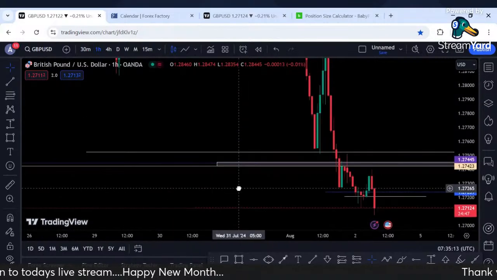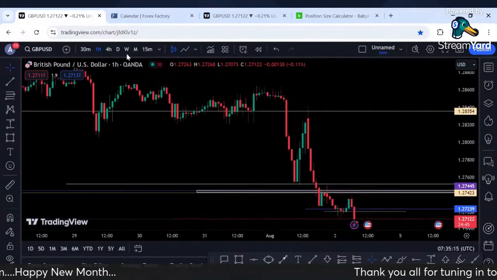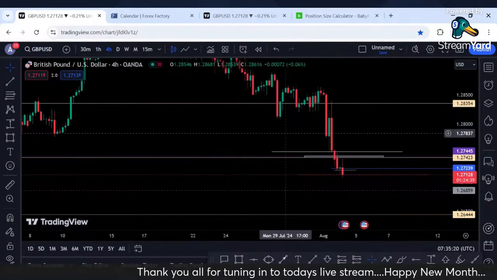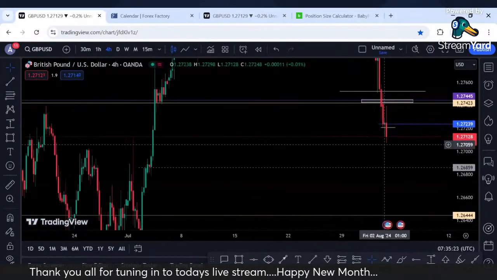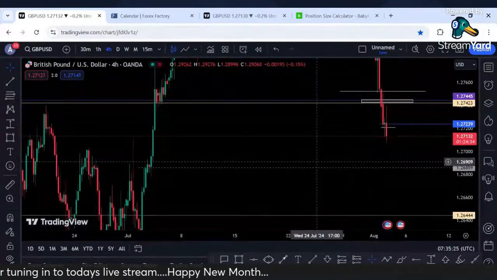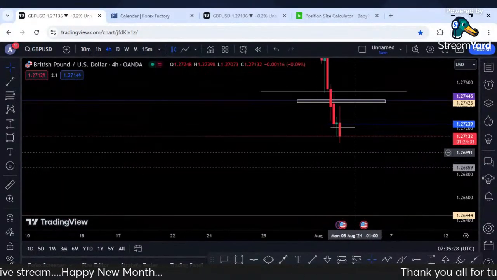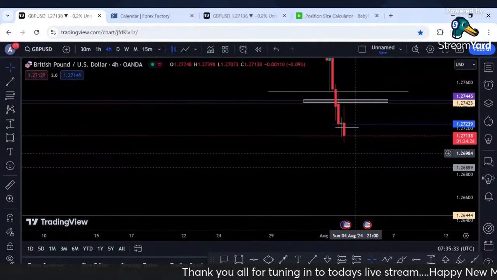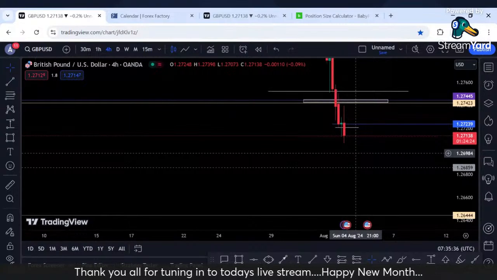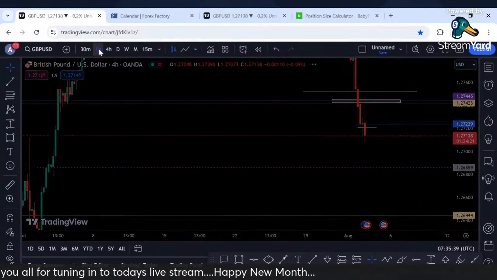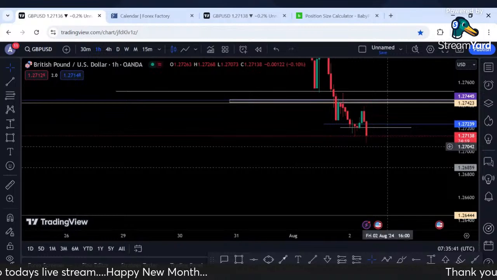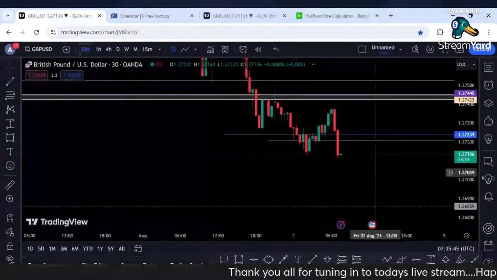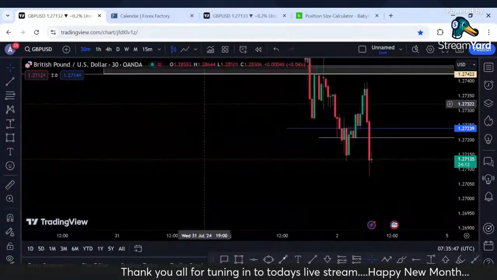So even though sometimes it's very annoying, you know exactly where the market will be going, but trying to find an entry is very difficult. The market sometimes won't give you the chance. So the whole of this week, I've not gotten any trade to take.